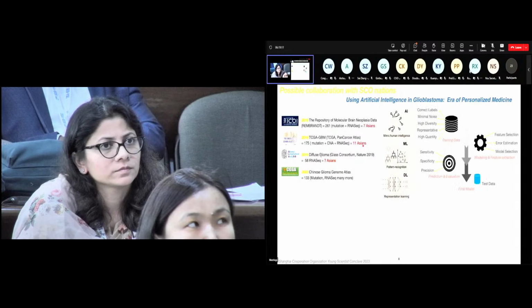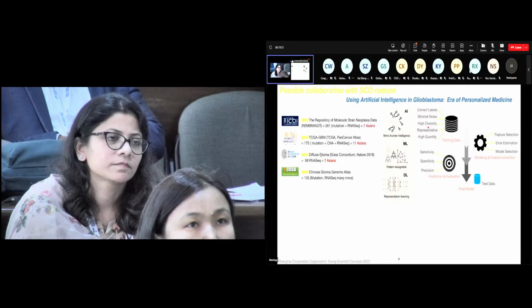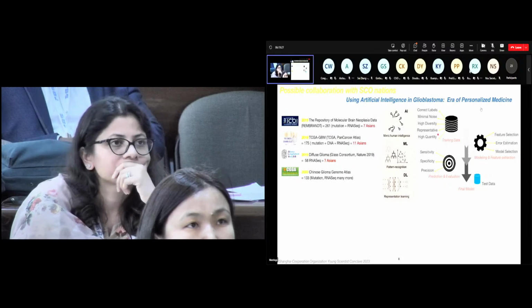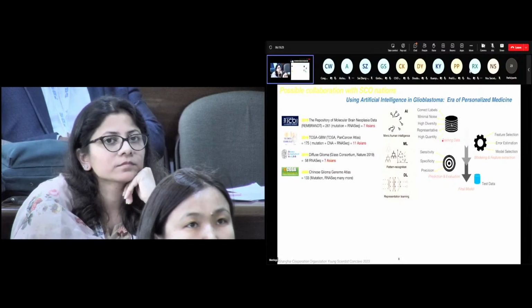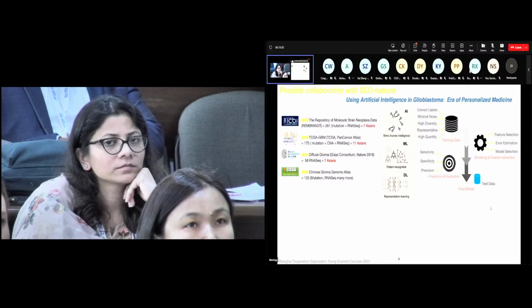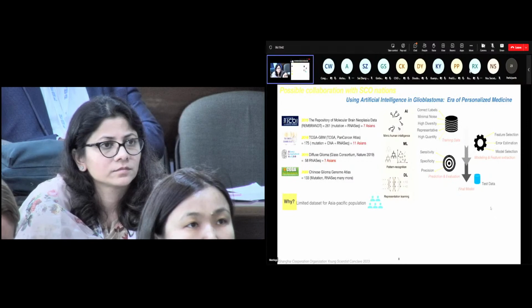If we can collect data from the neighboring countries and correctly label them, we can minimize the noise in our training data set, and by providing high diversity of patient representation from different countries with high quantity, we can develop a better model with better accuracy and specificity, which can be tested in our own patient data set. And why we should do that is because there is a limited data set from the Asia Pacific population.